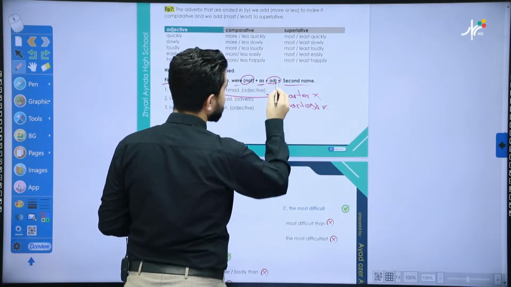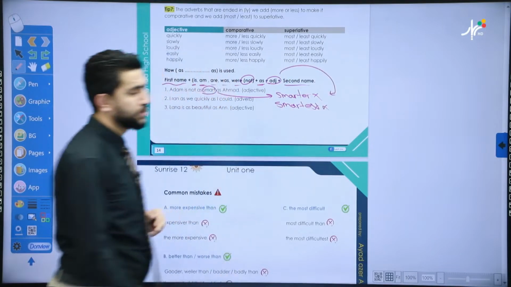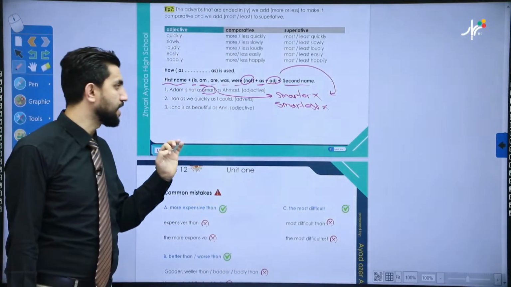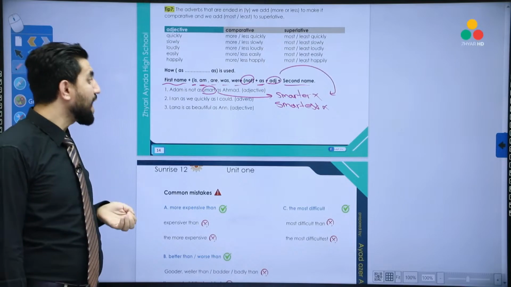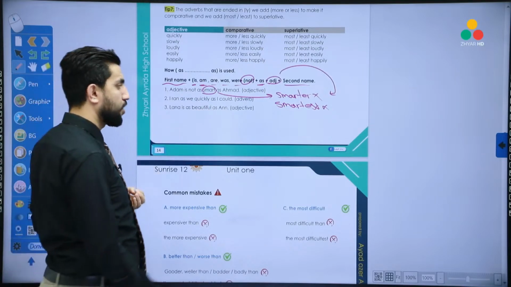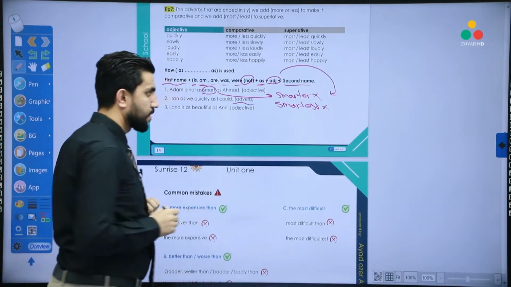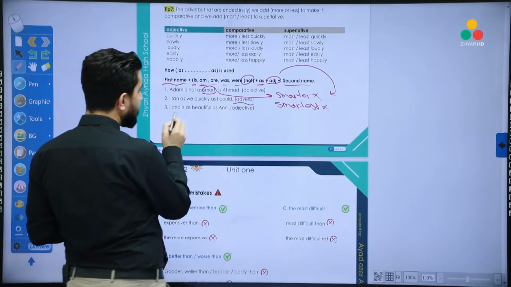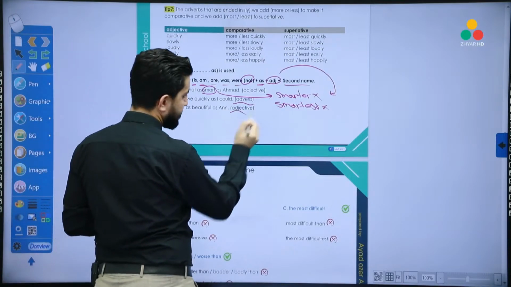Why? Because with as, we only use the adjective. For example, I ran as quickly as I could. Here's an adverb. And Lana is as beautiful as Anne. Here's an adjective.